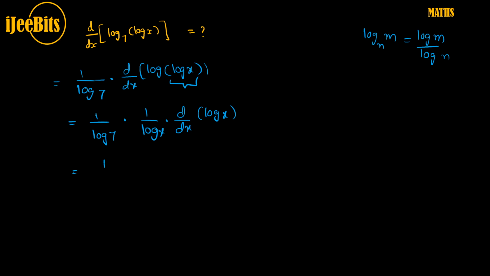So the final answer would be 1 by log 7, 1 by log x, and the log x becomes 1 by x. This would be your answer. Clear? First you have to apply the differentiation to this, then to what is inside the parentheses, right? I hope you're clear.